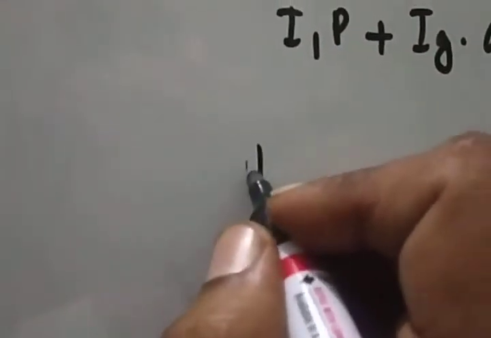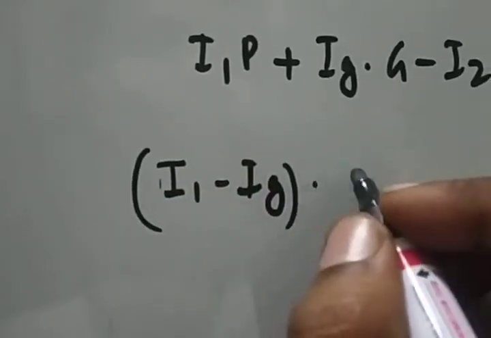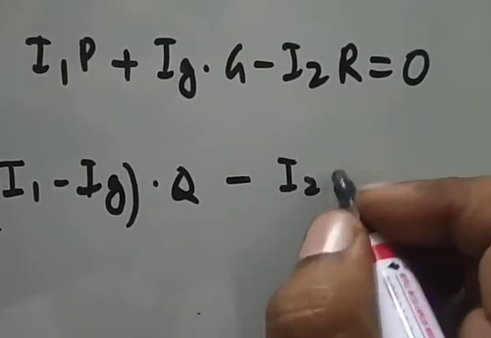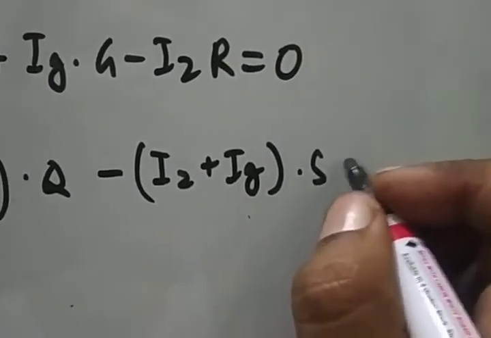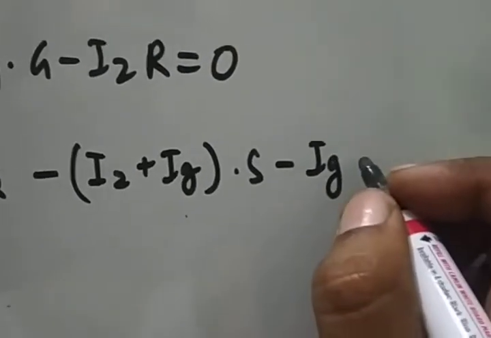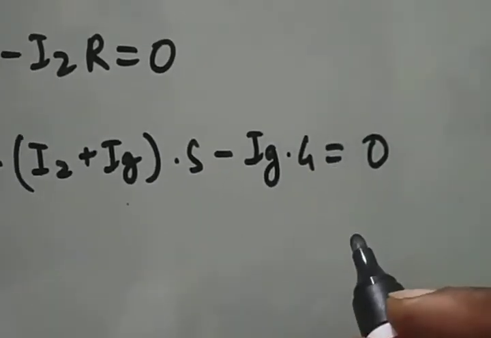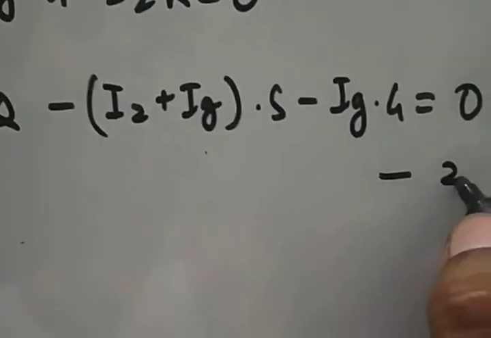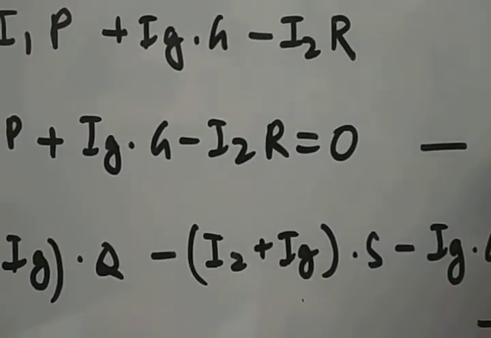So we write I1 minus IG into Q minus I2 plus IG into S minus IG into G is equal to 0. So this was equation 2, and that was equation 1.